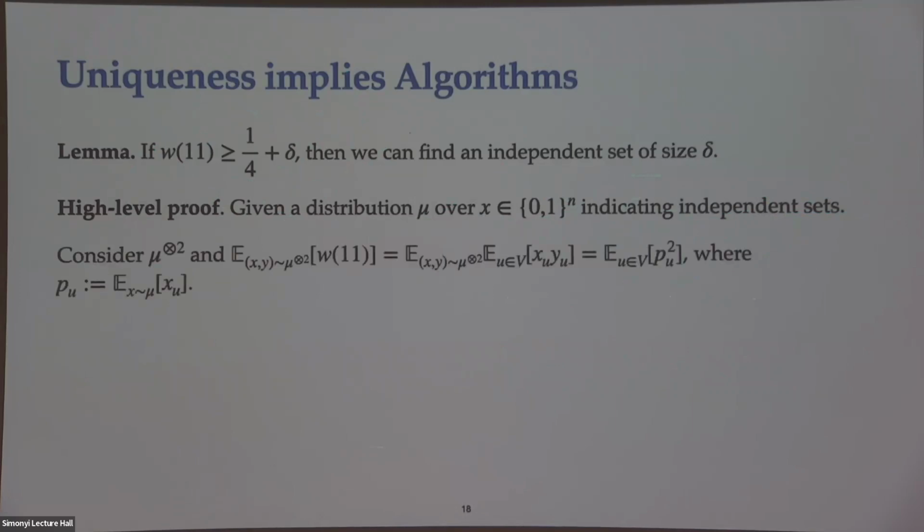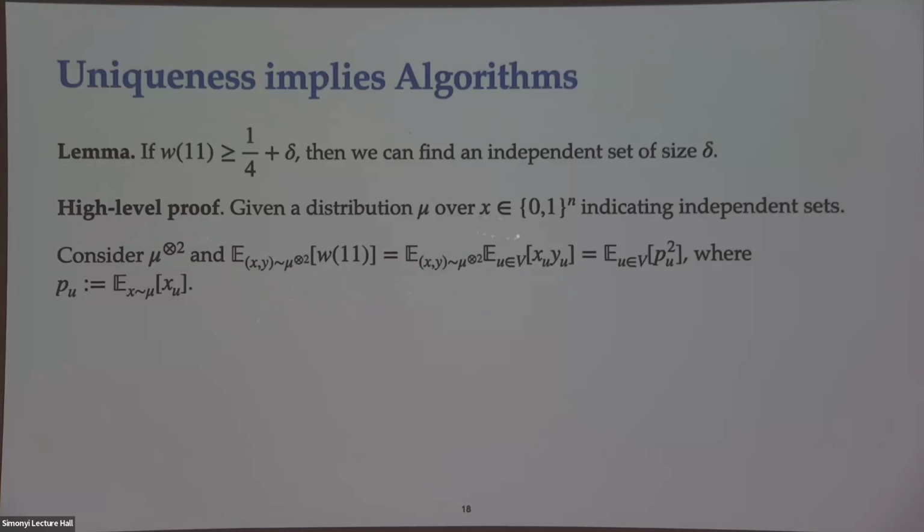Okay, so let's parse this. So let's consider the product distribution. And we sample two independent sets from this mu independent. So let's write out what W11 means. W11 just means the fraction of vertices such that XU and YU are both 1. So this is just rewriting W11.